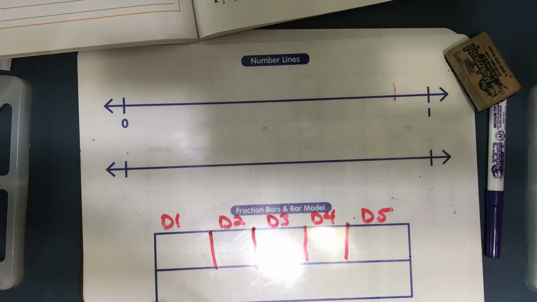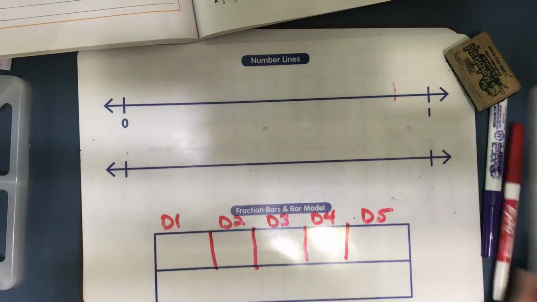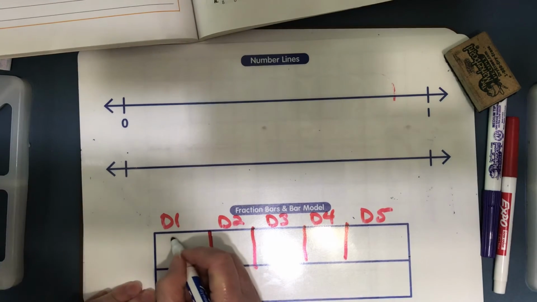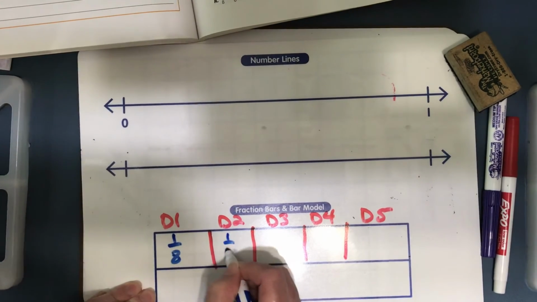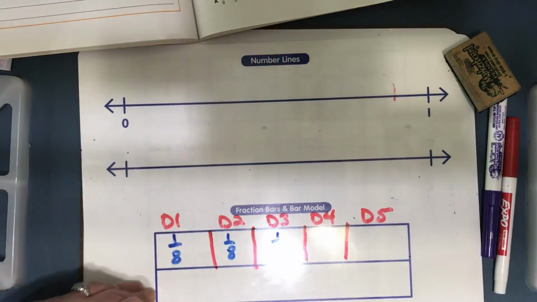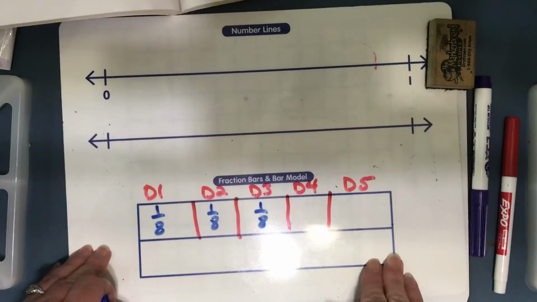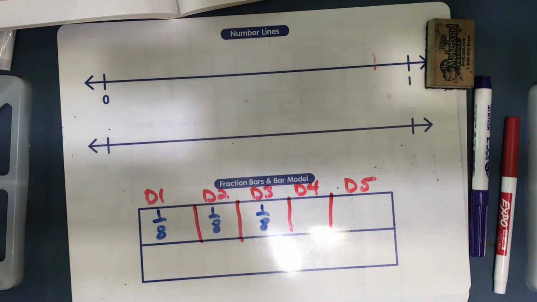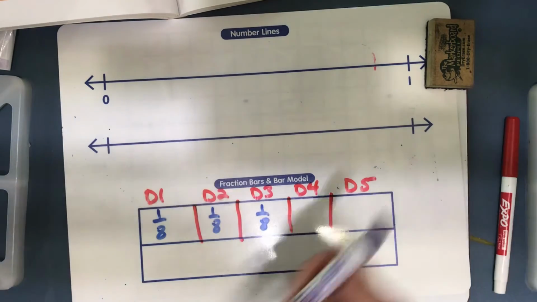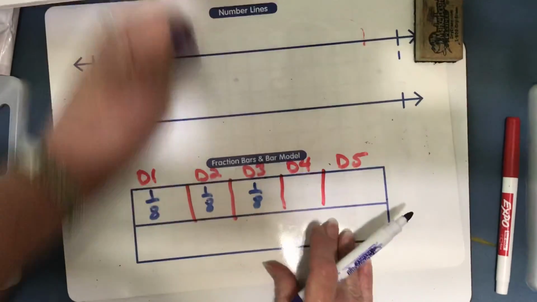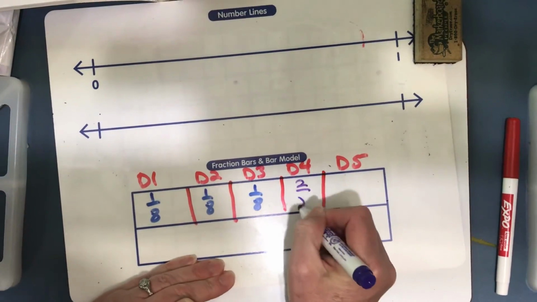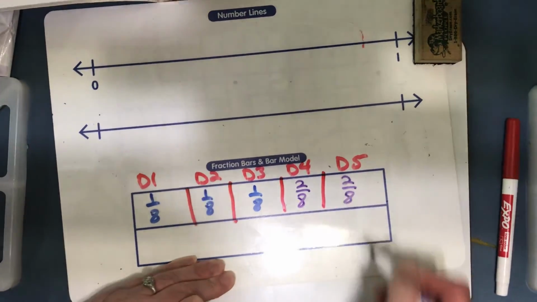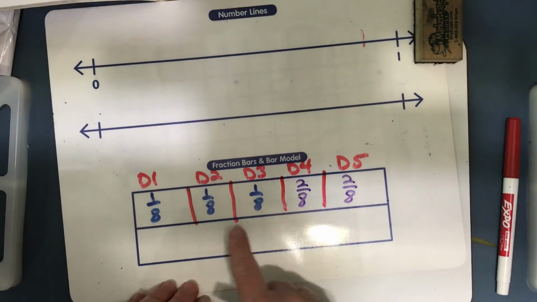Okay, it says for each day for 3 days, Kyle swims 1/8 of a mile. So for 3 days, 1/8, 1/8, and 1/8. And then it says that on each of the next 2 days, Kyle swims 2/8 of a mile. So we'll put 2/8 and 2/8. So now we have to add up our fractions.